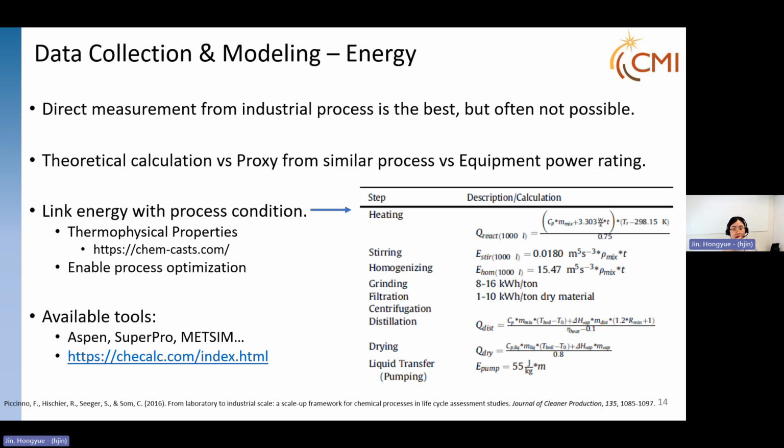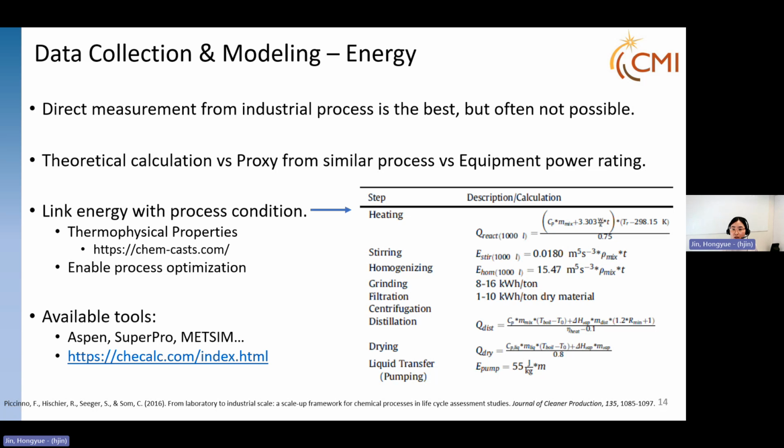By changing processing condition, we can automatically update the energy consumption so that we can iteratively work on reducing the energy consumption. In this process, we will need to know a lot of thermal physical properties. One website is shown here.